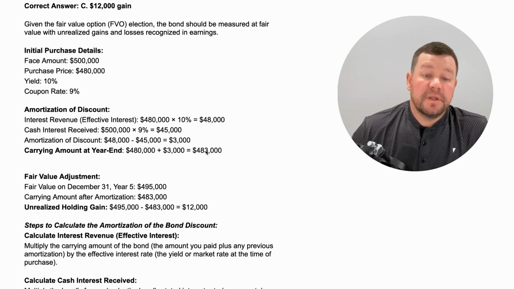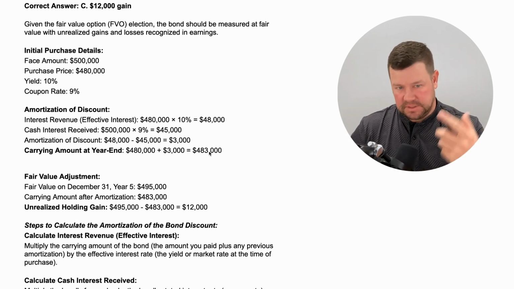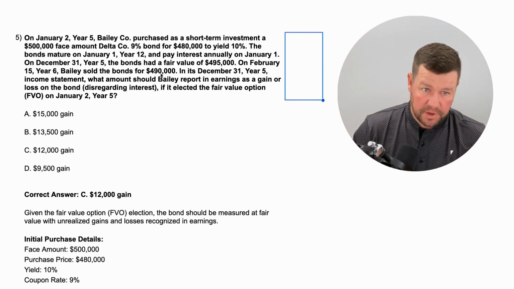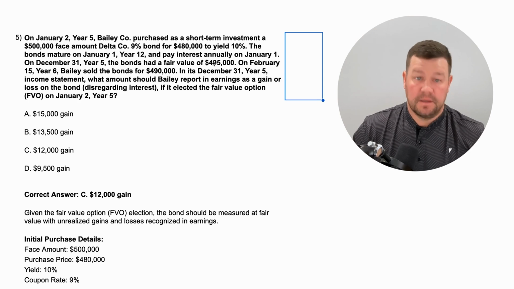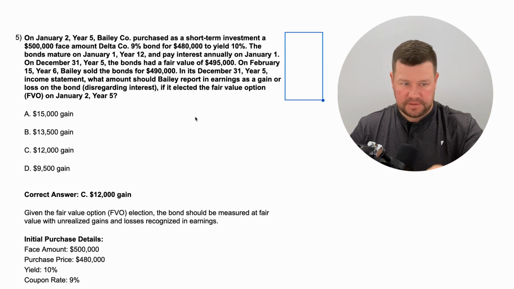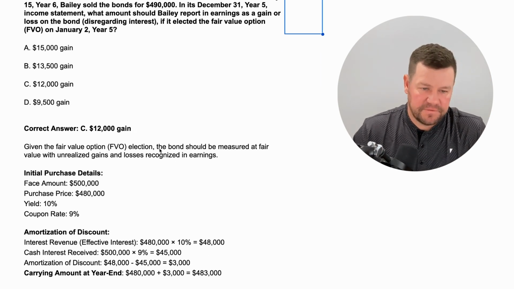So you're really using $483,000. When you look at the ending fair value of the bond, the 495 minus 483,000, that's how you get to the $12,000 gain.